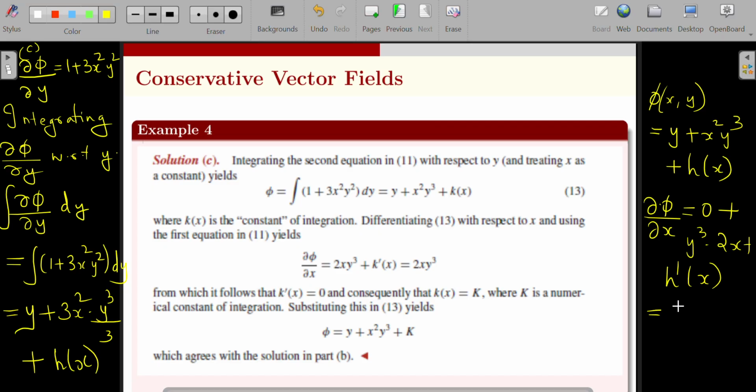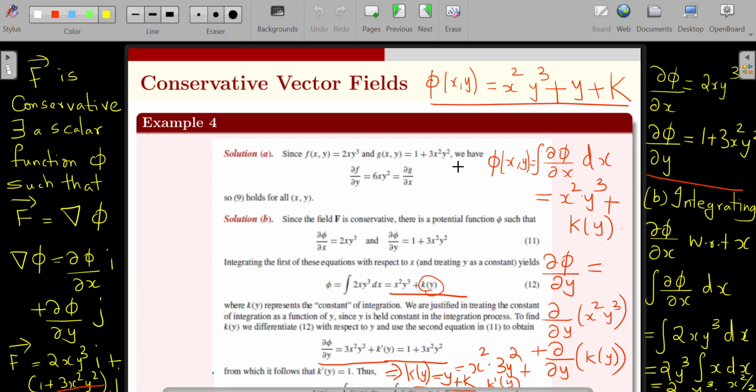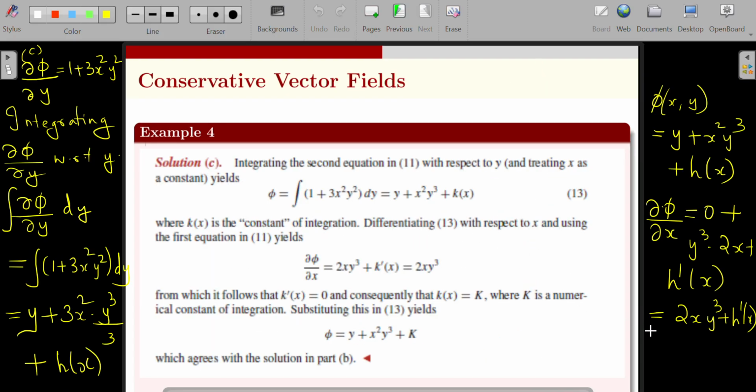So this is equal to 2x y cube plus h dash of x. But we already know that dou phi by dou x is equal to 2x y cube. So equating 2x y cube plus h dash of x to 2x y cube.